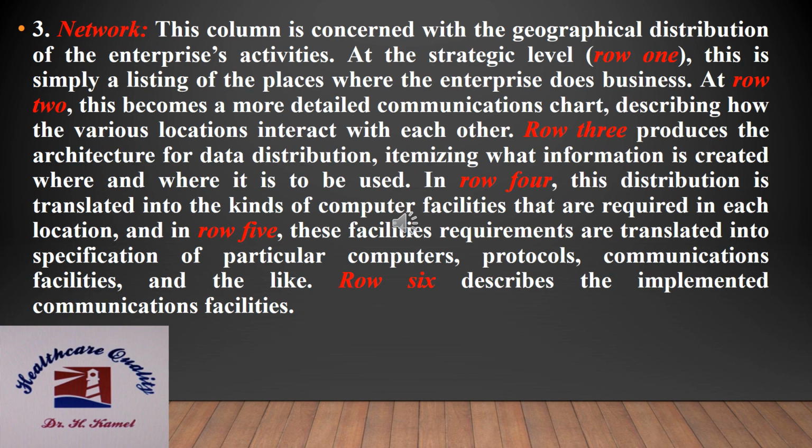Row 3 produces the architecture for data distribution, itemizing what information is created where and where it is to be used. In row 4, this distribution is translated into the kinds of computer facilities that are required in each location.